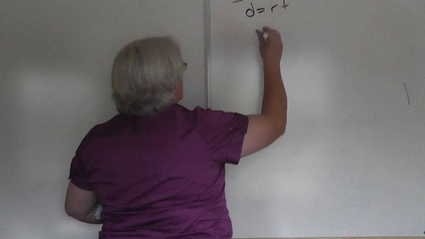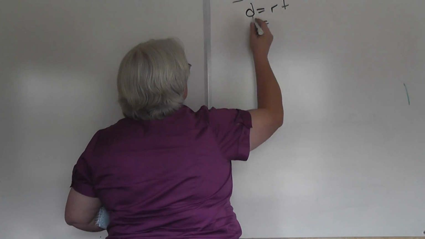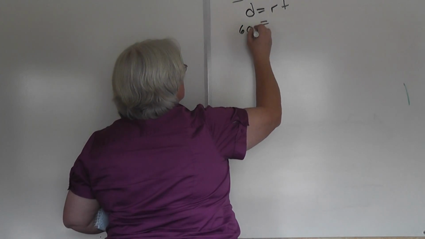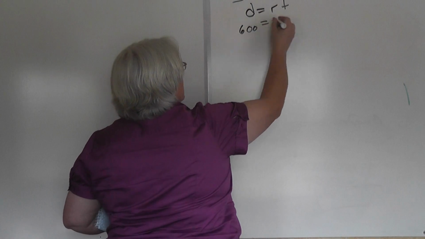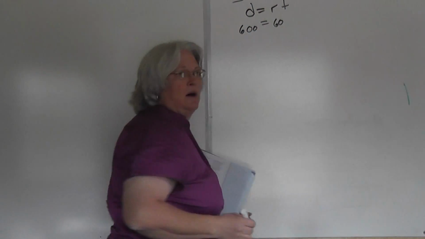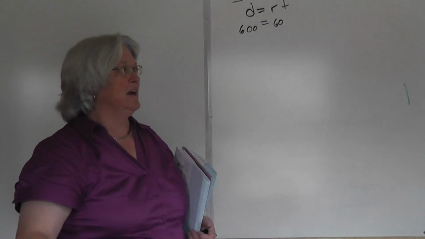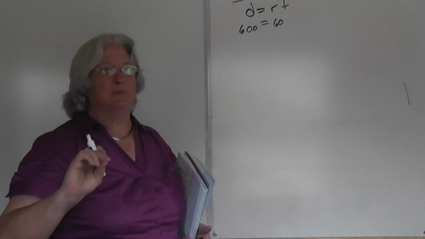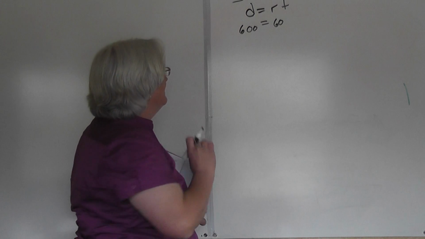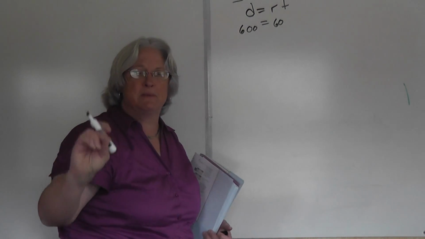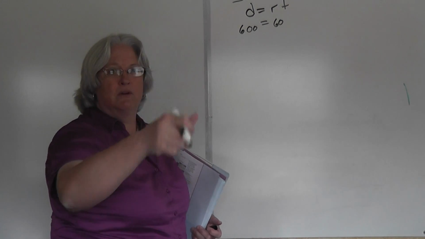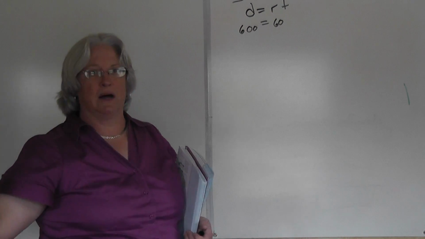Now, you know that if you are going to be traveling 600 miles to Grandma's house, and you travel 60 miles an hour, and you're now traveling with your father who never stops, not to go to the bathroom, not to eat, not to do anything, and you're going to average 60 miles an hour, you get on the road in West Texas and you drive 600 miles in West Texas.